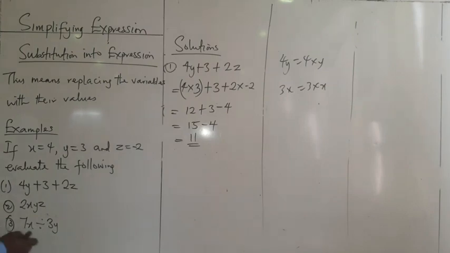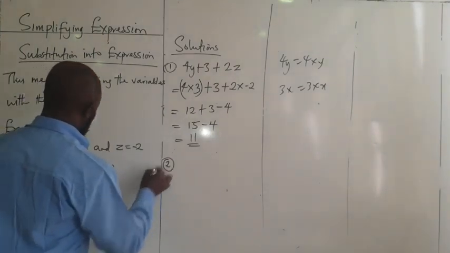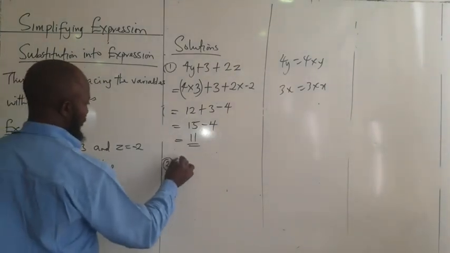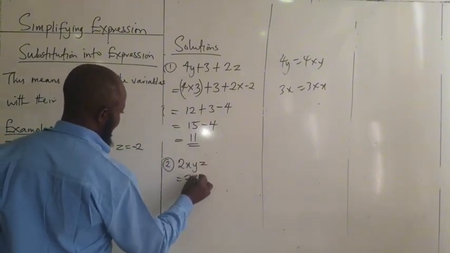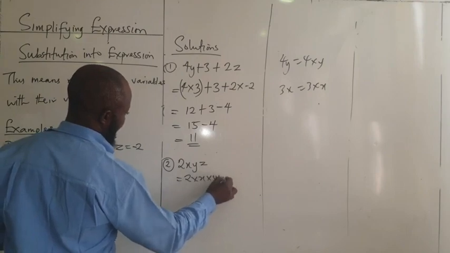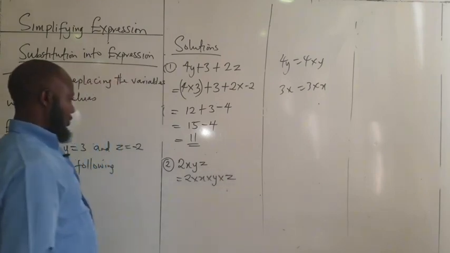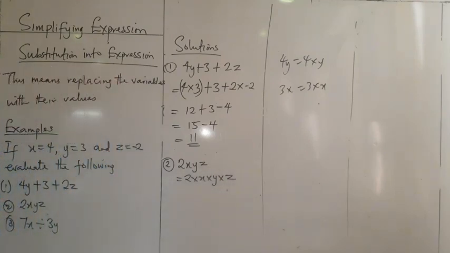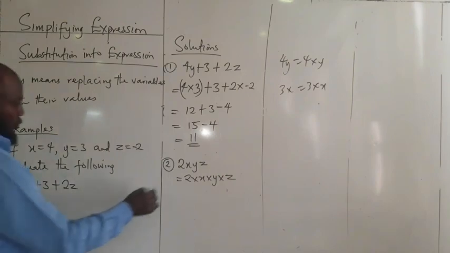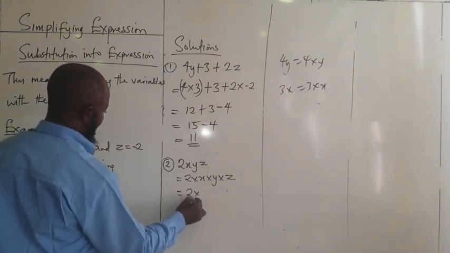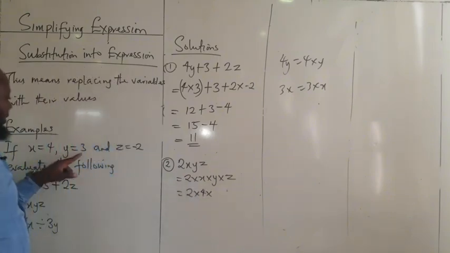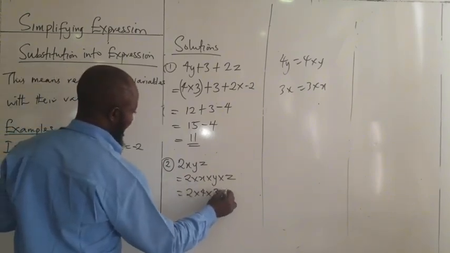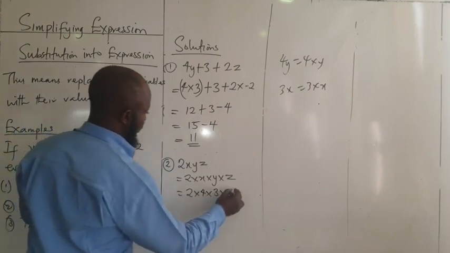All right, the next number 2 is 2xyz, which means 2 times x times y times z. Let's now put in the values of the variables: 2 times x, that is 4, times y, that is 3, times z, that is minus 2.